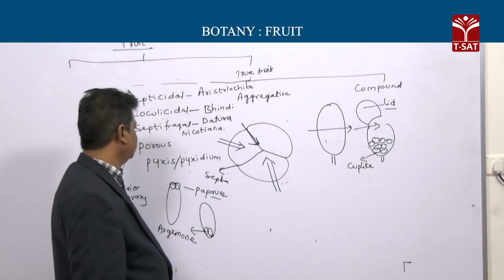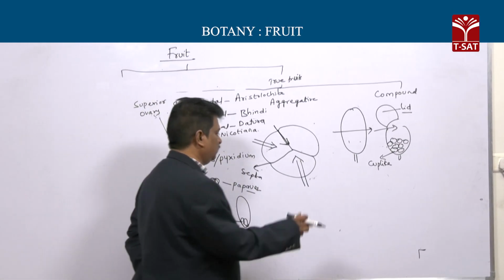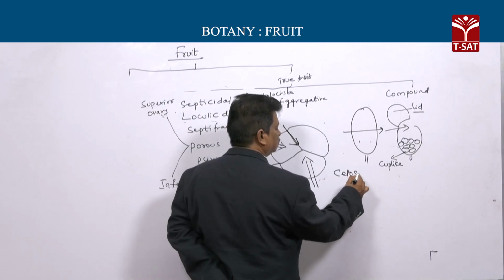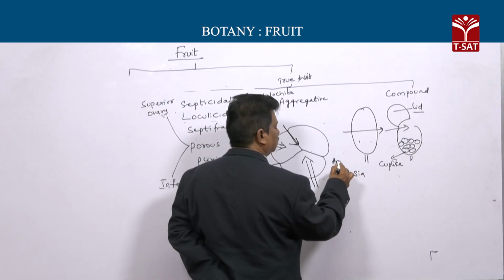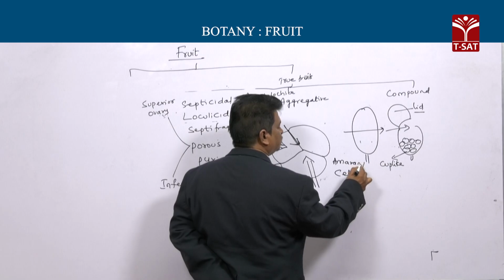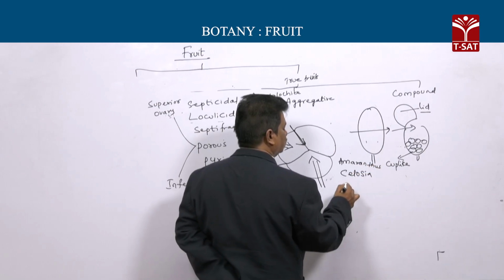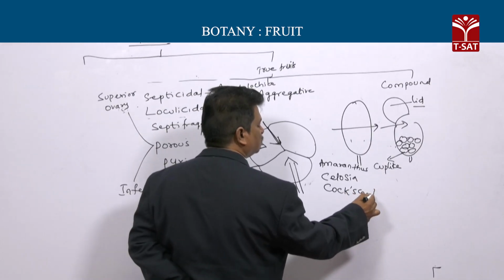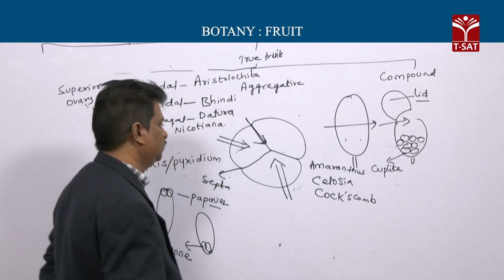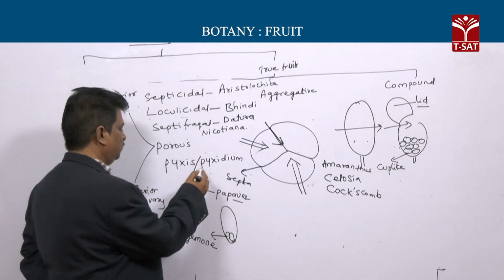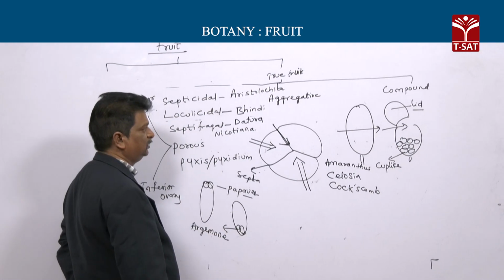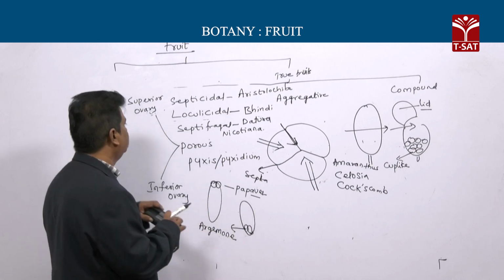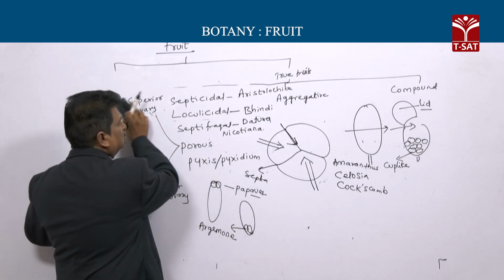Example for pyxidium. Pyxidium is common in Amaranthus and Celosia. Celosia, common name is coxcomb. In this, what type of fruit is present? Pyxidium. So these are dry dehiscent fruits.